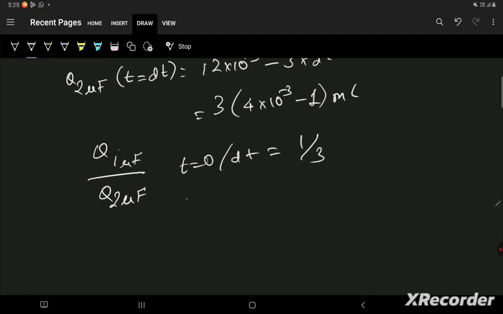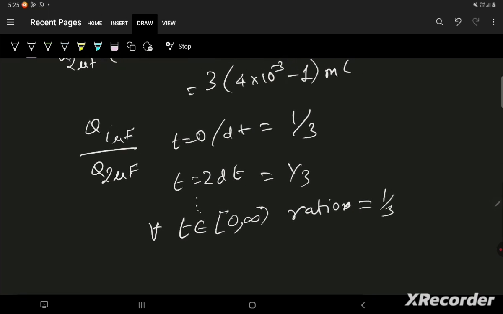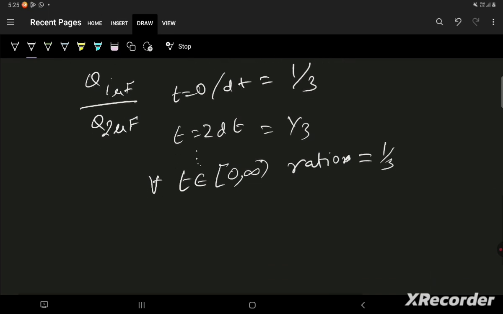Now you take time equals 2 dt, it will also be 1 by 3. So for all time t from 0 to infinity, the ratio is always equal to 1 by 3. This is a very interesting conclusion we got. Since the ratio of charges is constant, we can also say that the ratio of currents is also constant.